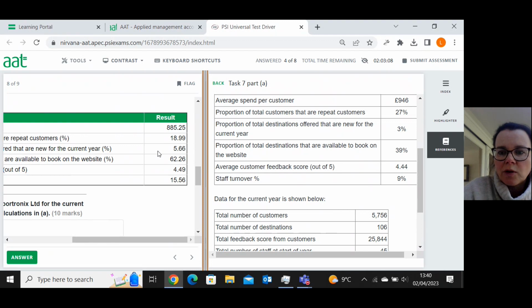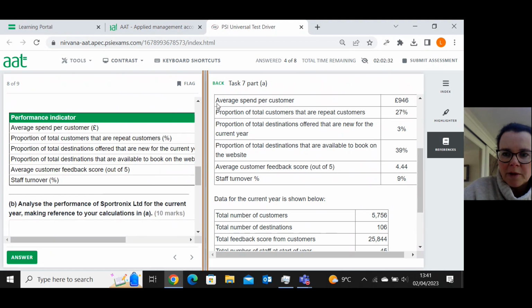Proportion of total destinations offered that are new has got better. There may be a reaction to the competitor. Proportion of total destinations available to book on the website vastly improved. Again, could be a response to the competitor. Average customer feedback score has improved slightly, but staff turnover has got worse because you want to try and keep hold of your staff. So we've got a bit of a feel for what's going on.